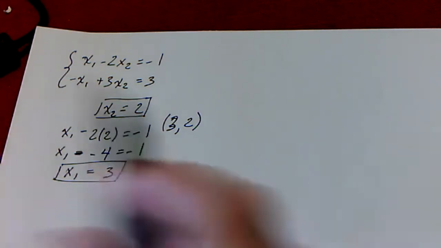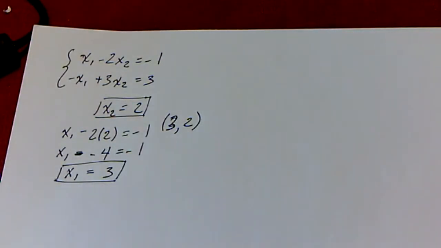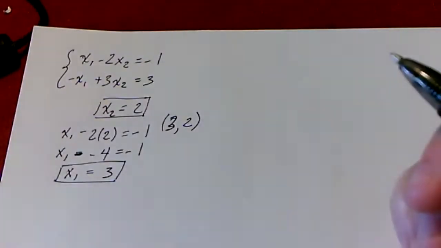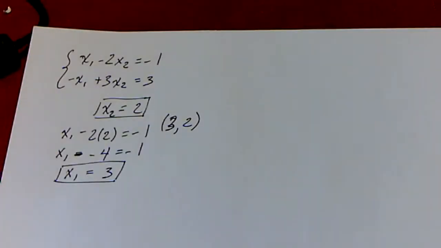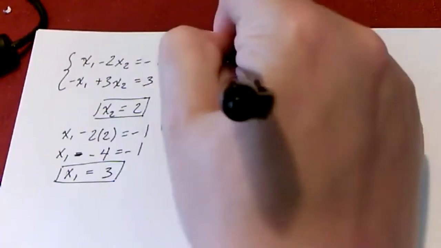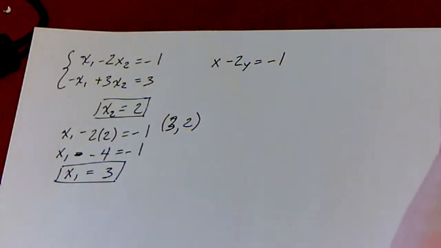So what that also means is we know that these are two different equations of lines. We could graph these lines. So let's look at that real quickly. Let's just rename x1 to be x and x2 to be y. So I would have x minus 2y is equal to -1, which I would then solve for y if I was going to graph it.